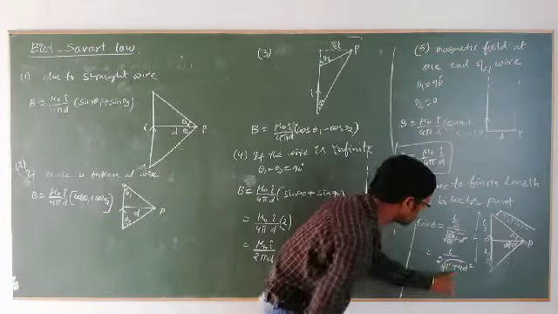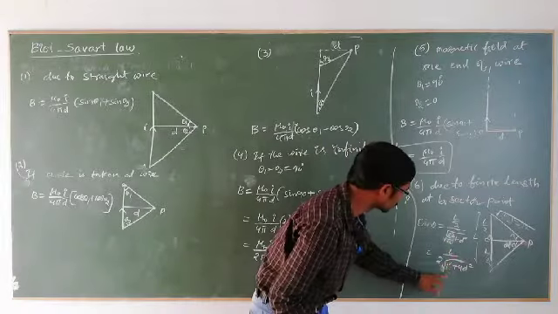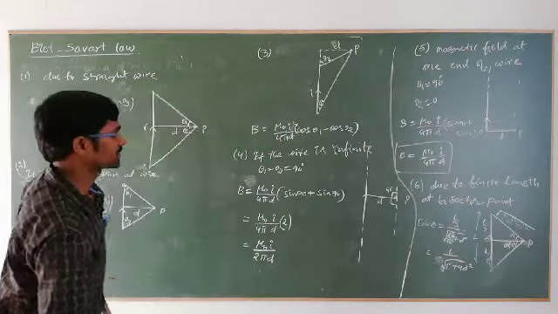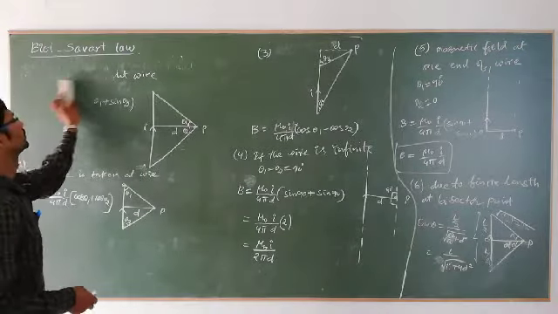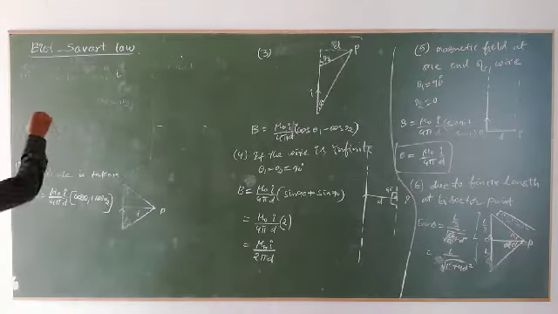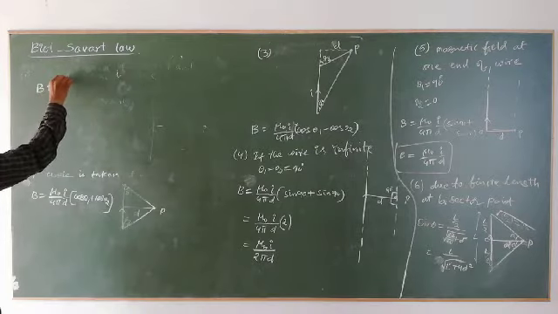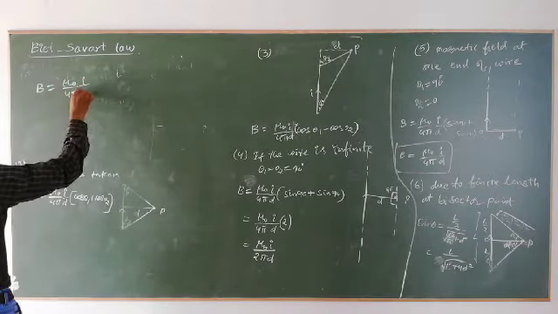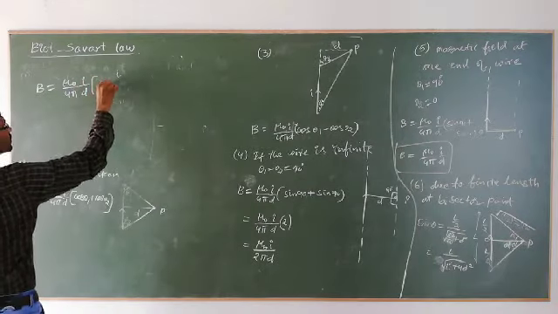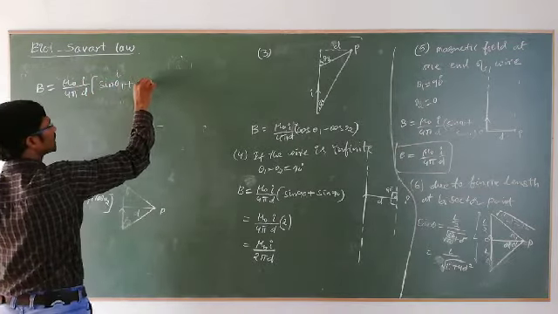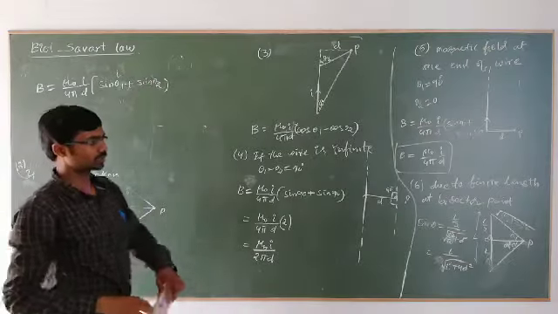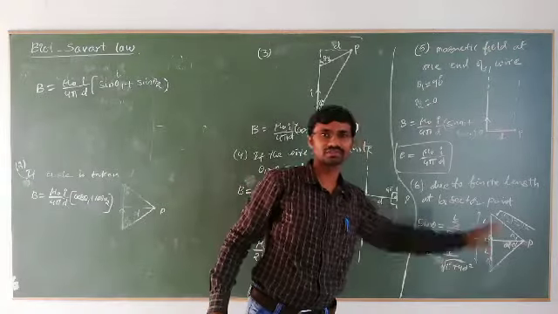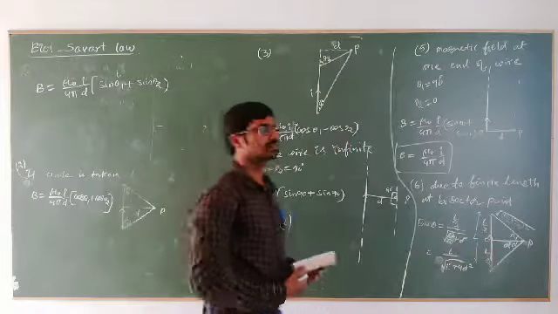But remember, the 4 comes out of the root as 2, and this 2 will be cancelled. So let me write the final expression. B is equal to mu naught by 4 pi, I by d into (sin theta 1 plus sin theta 2). Both are the same because the angles are the same at the bisector point.